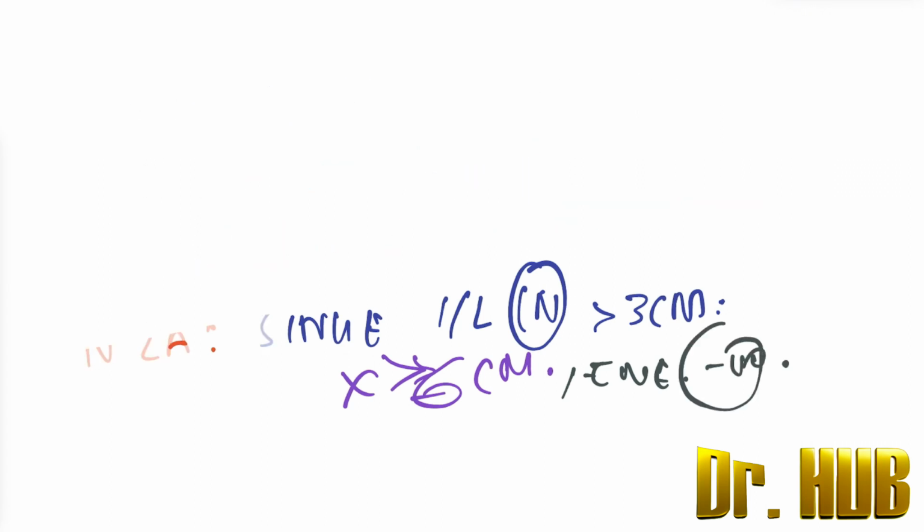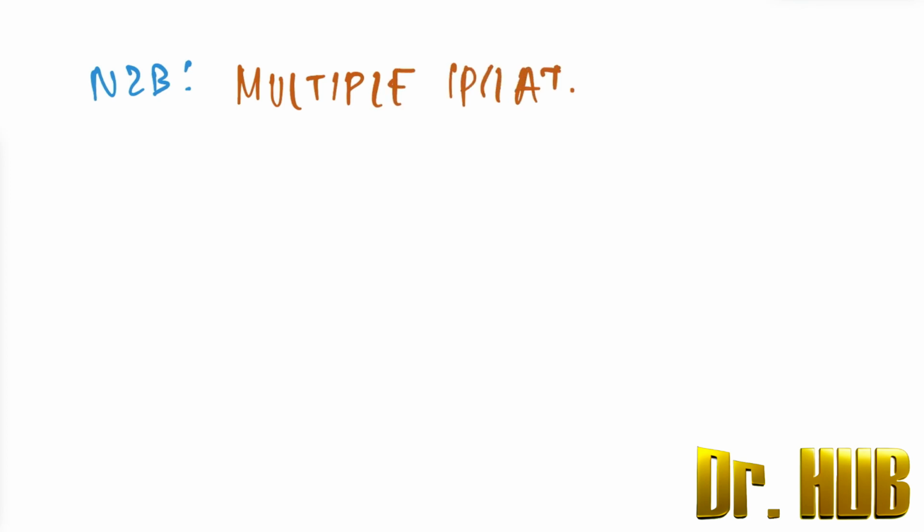Next, we move on to the N2B. N2B stands for multiple ipsilateral lymph nodes, and this is less than 6 centimeters, and the ENE here is negative.